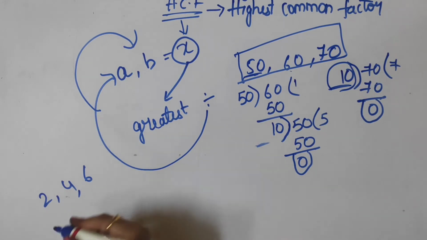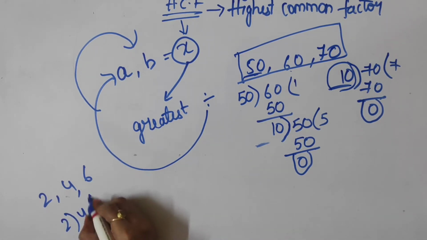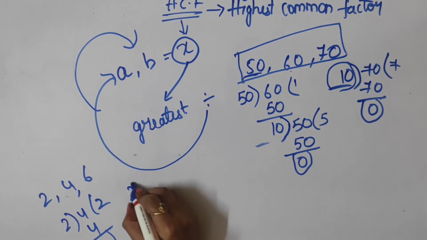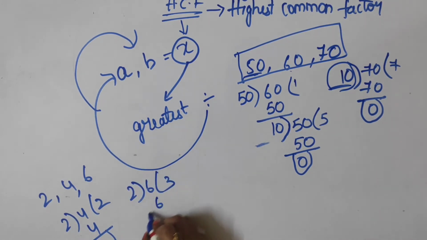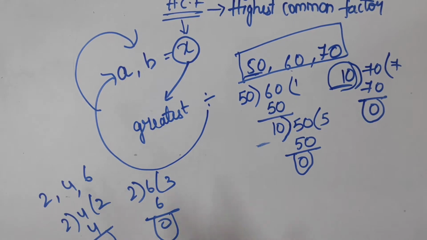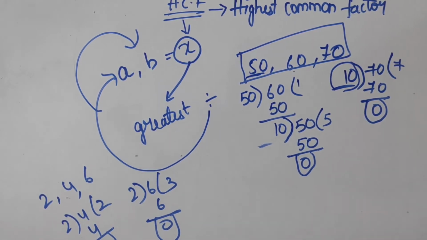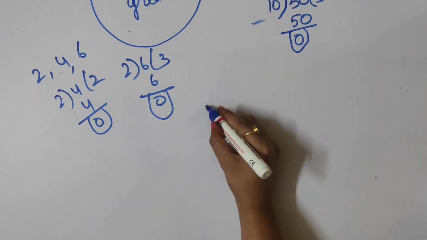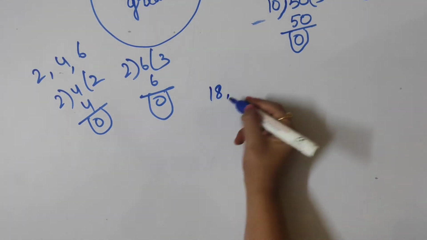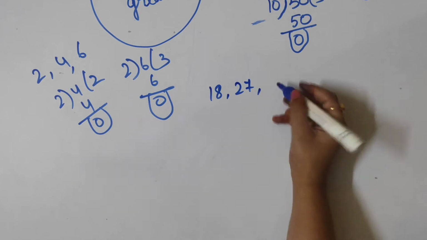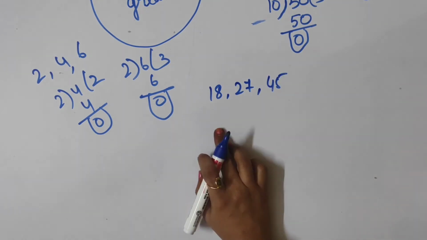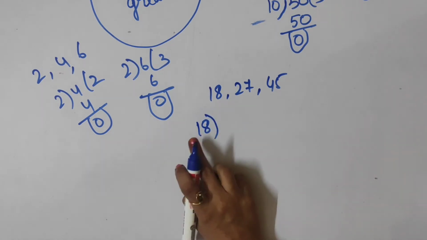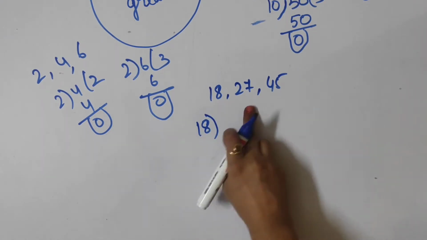Now let's try it once. 2 2s are 4 and 0, again 2 3s are 6. Now let's see one more, with different numbers: 18, 27 and 45. As I said, the first rule is that the smallest number should be the divisor, and the dividend can be any of the other two.